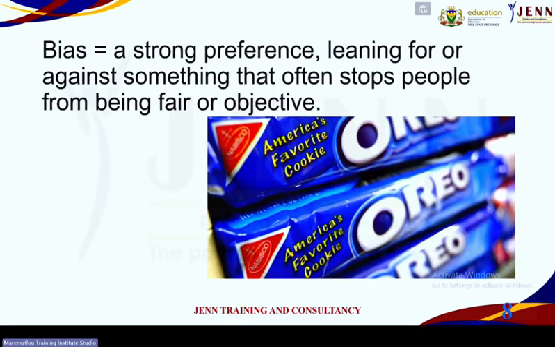I also wanted to remind you of the word bias. When I am biased, it means that I have a specific preference towards something, and that preference, I'm leaning to one side usually, it stops me from being fair and objective.